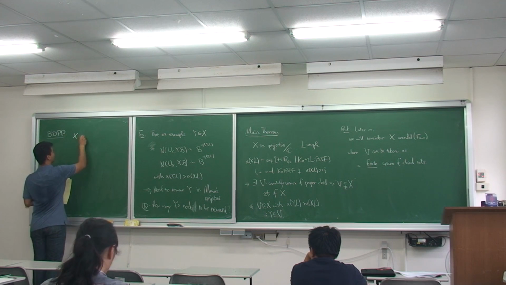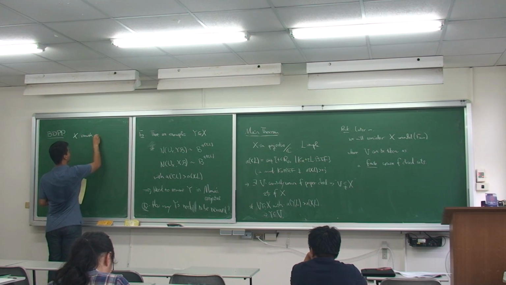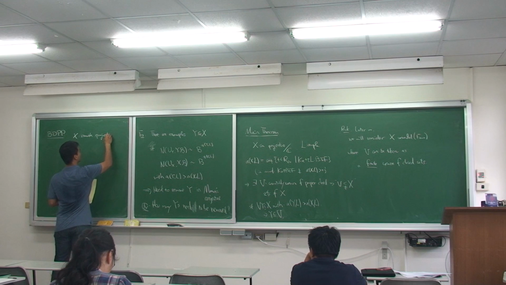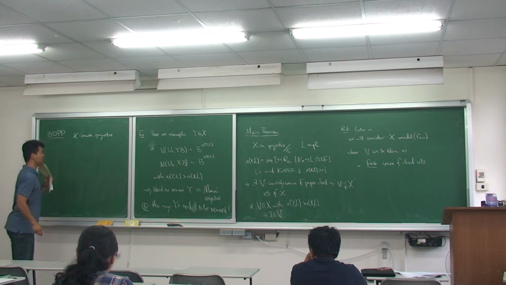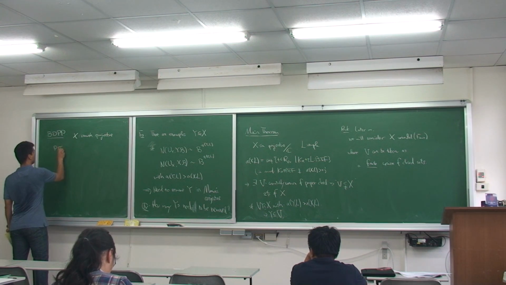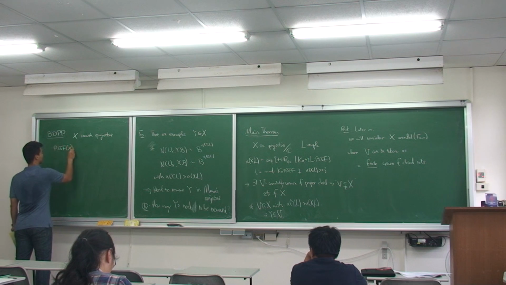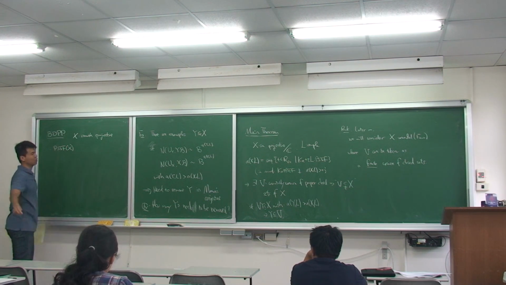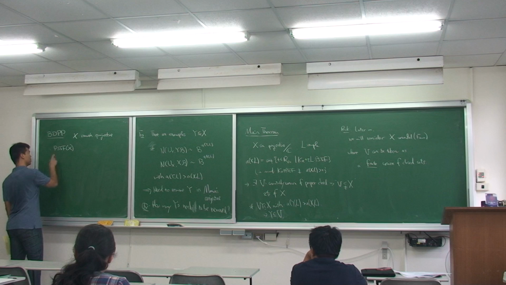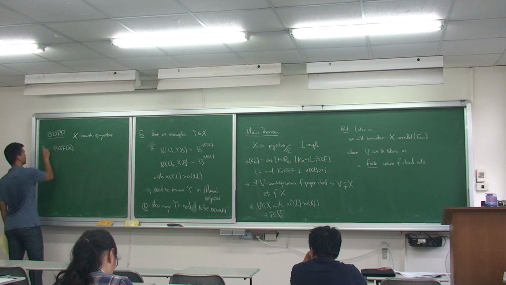So X is a smooth projective variety. We have the pseudo-effective cone. But we also have the other thing, the dual of the pseudo-effective cone.